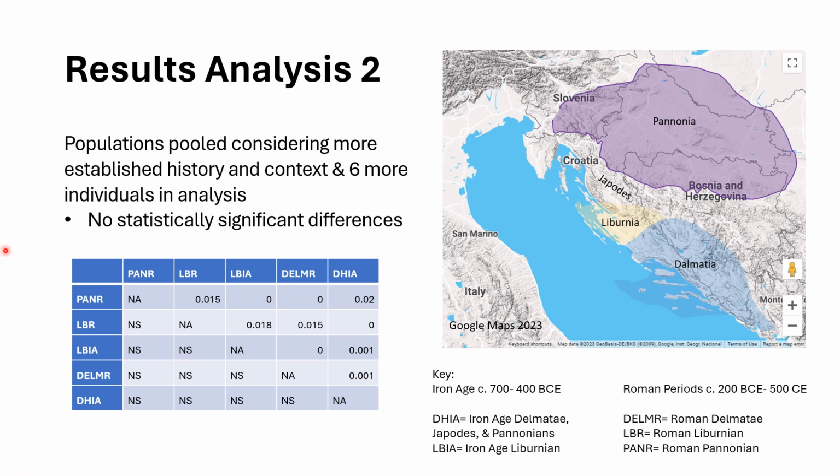Then I changed the data. I added 6 individuals who were previously excluded and redid the pooling of the populations from one sample to another after considering some of the established history, particularly 1, the Celtic ties in the north, and 2, how the Liburnians' interaction with the Romans when they were coming in the late centuries BCE was very different than the other populations in that they were allied with them, while the other populations had many conflicts and negative interactions and rebellions.